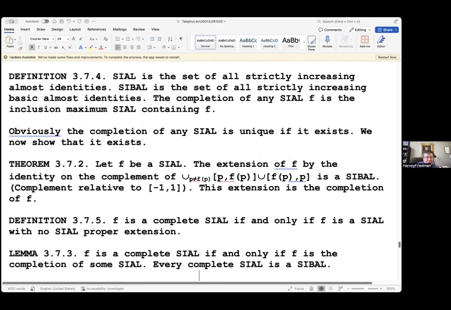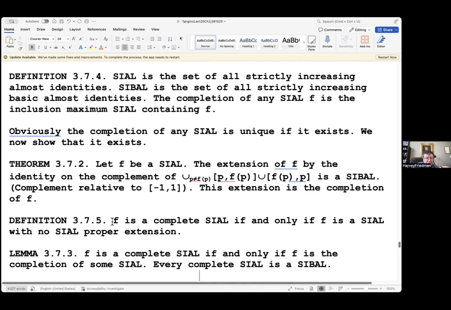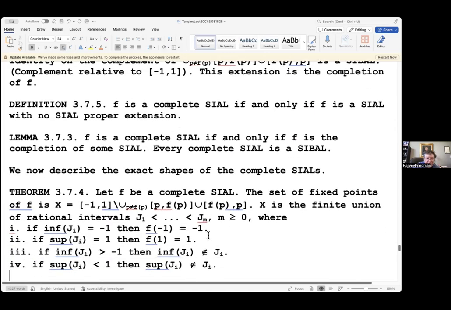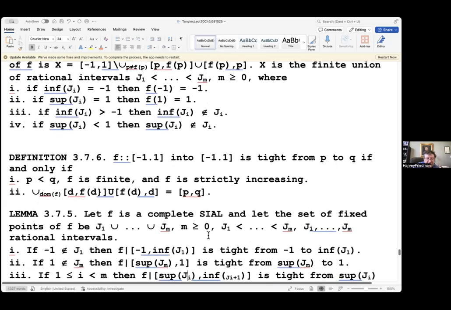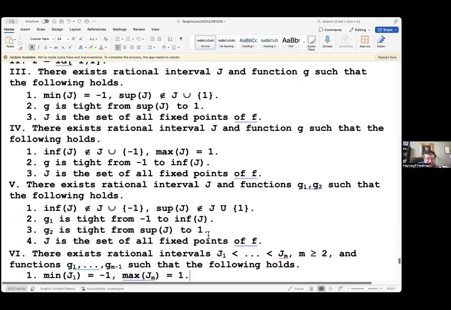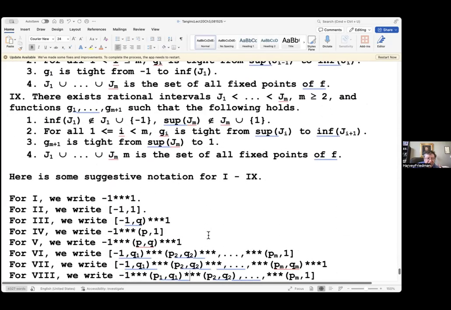And now we define a notion of completeness. I don't want to go too much farther here, but there's a notion of completeness, and I completely characterize all the complete ones. They have a nice shape, make you feel real comfortable. Here are the shapes.